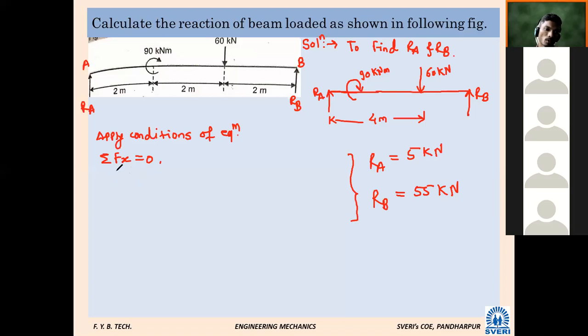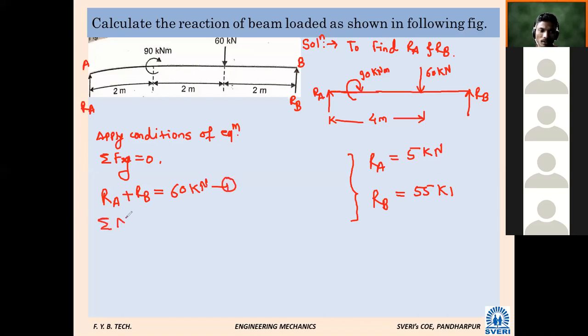Oh, sorry, F of y. Correct, Fy. RA plus RB. What will be this value? 60 kilonewton, equation 1.